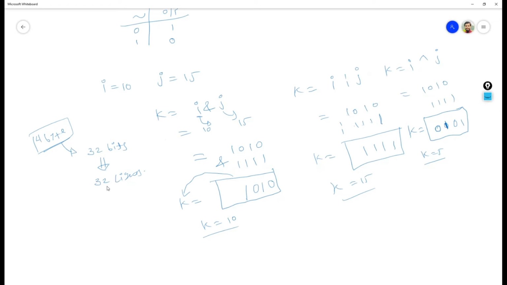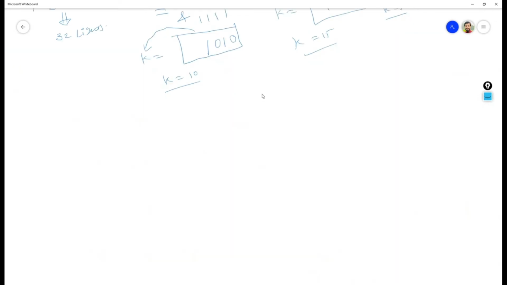I have to clear a particular bit, set a bit, do operations on that bit, and use the shift operator. Because of that, the bitwise operator is very important. Instead of 32 different data types I will use only one data type, and each and every bit I will use for a different application. We save much more memory. So the main purpose is that we have to perform operations on the bits.